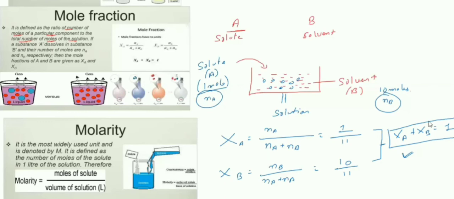If there are more than 2 species, let's say there is another component C also, and its number of moles is represented as Nc. So we just need to add Nc to the total number of moles, and then we can calculate the mole fraction of C also. Xc is equal to number of moles of C divided by total number of moles, which is written as Na plus Nb plus Nc.